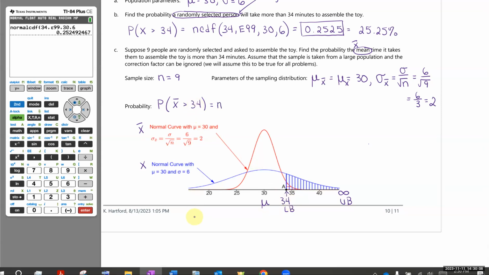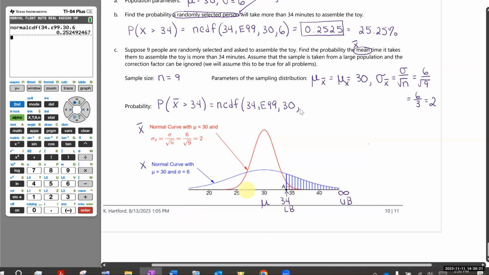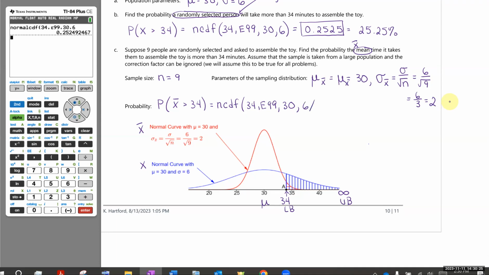All right, so it's still normal CDF. And we're still going from 34 to infinity. The mean of that graph is 30. But the standard deviation is 2. And again, just for practice, I'm going to type it as 6 divided by square root of 9.